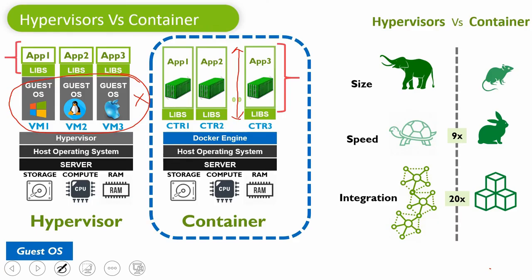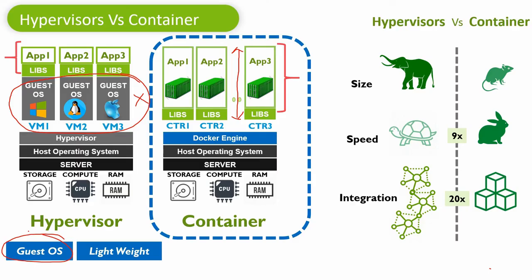With more resources available in the container world, we can host multiple applications, more resources are consumed, and it is done in a very efficient way. So we can clearly tell the hypervisor is wasting resources in a guest operating system, and these resources are saved in the container world. The second biggest difference is being lightweight. Since there is no guest operating system in the container, the host operating system is itself used.